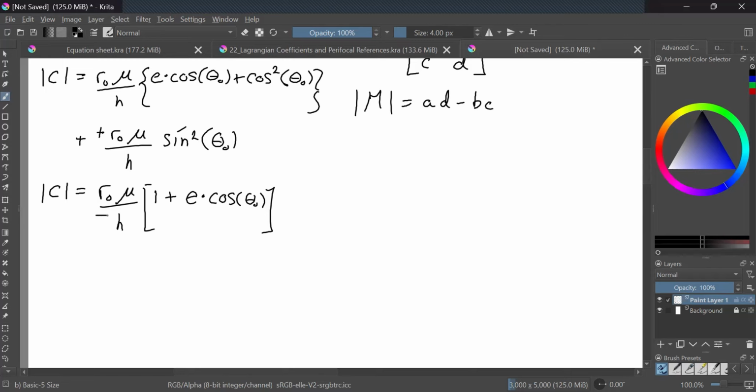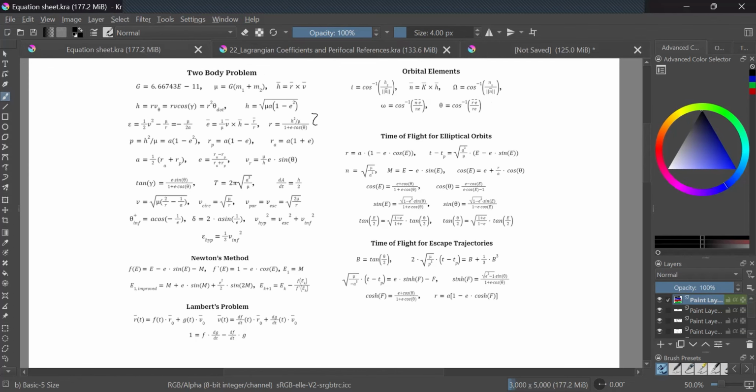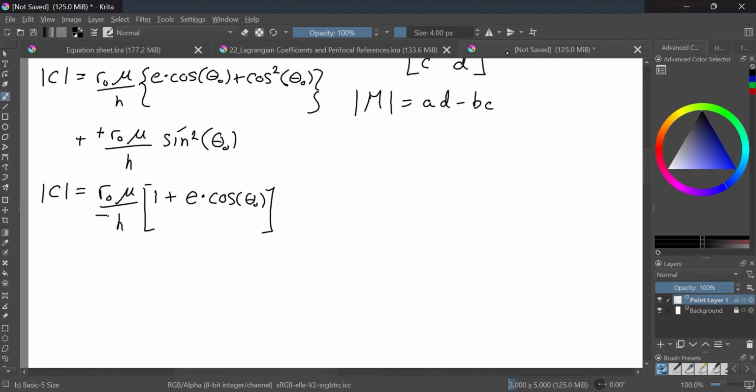Well, we have an r here, we have a mu and an h, and I think you know where I'm going with this. We go over to the equation sheet. We have the orbit equation, radius in terms of h and mu. So let's go ahead and I'm going to write it like this, h squared by mu times 1 plus the eccentricity times cosine of theta naught.